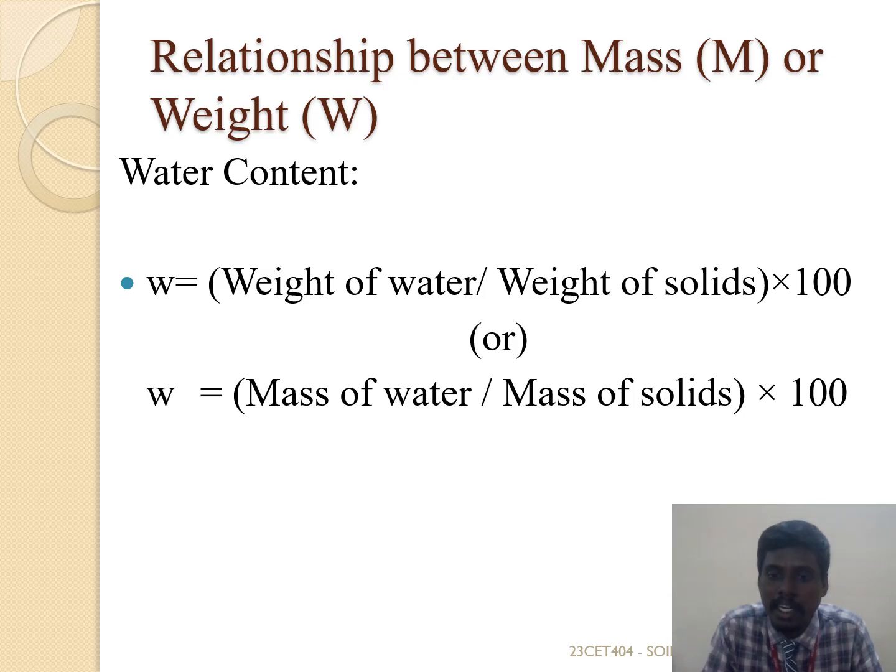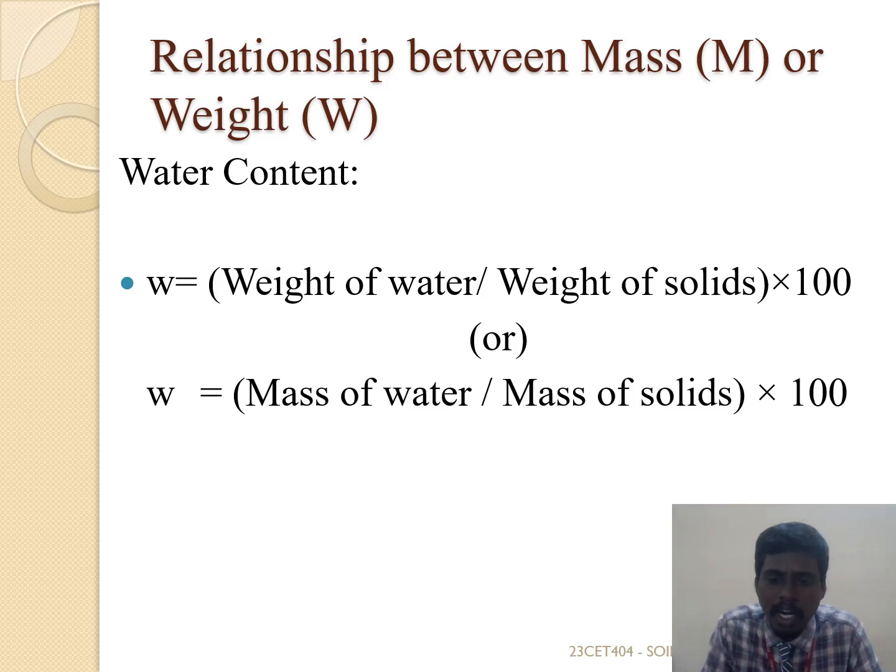So water content is a major index property of soil. Initially we have to know what the water content present in soil is. It affects the shear strength as well as strength parameters.